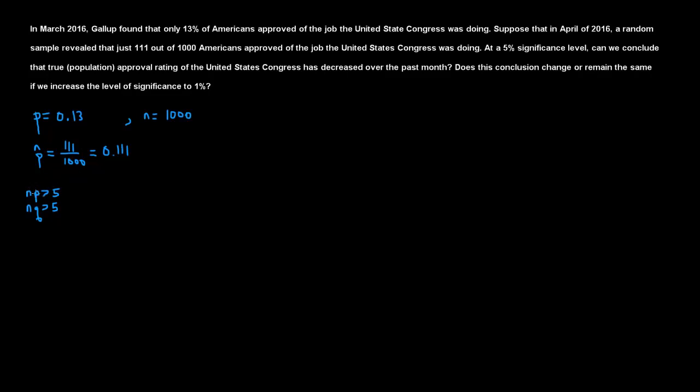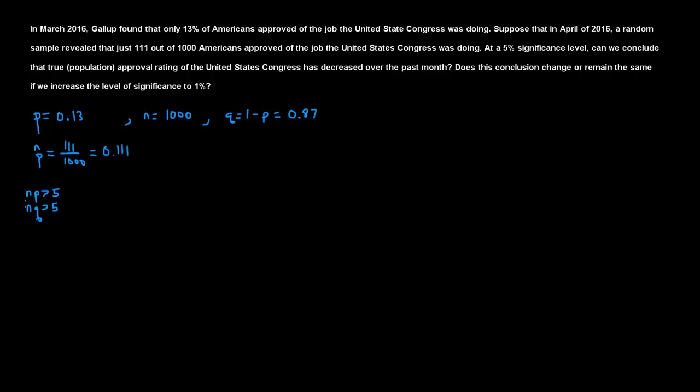Well, if P is 13%, so 13% of 1,000, that's certainly greater than 5. Now Q, now remember what Q is. Q is 1 minus P. So Q equals 1 minus P. So if P is 0.13, that would mean Q is equal to 0.87, or 87%.